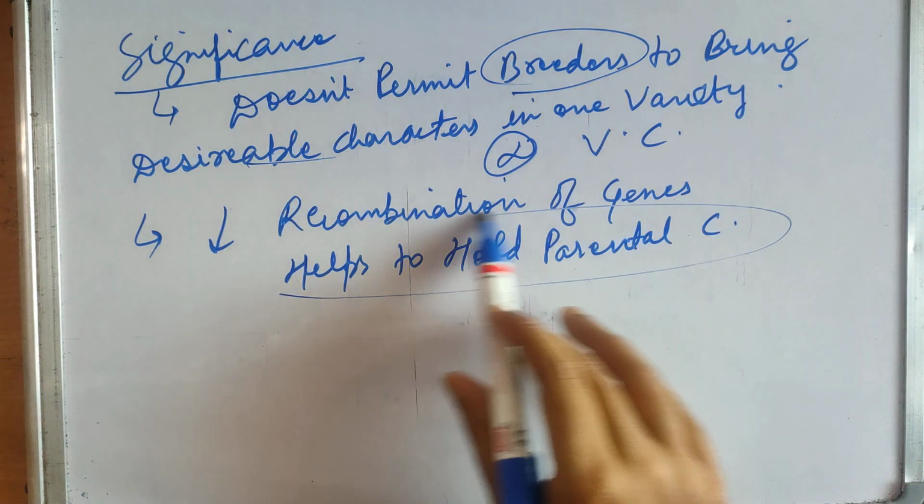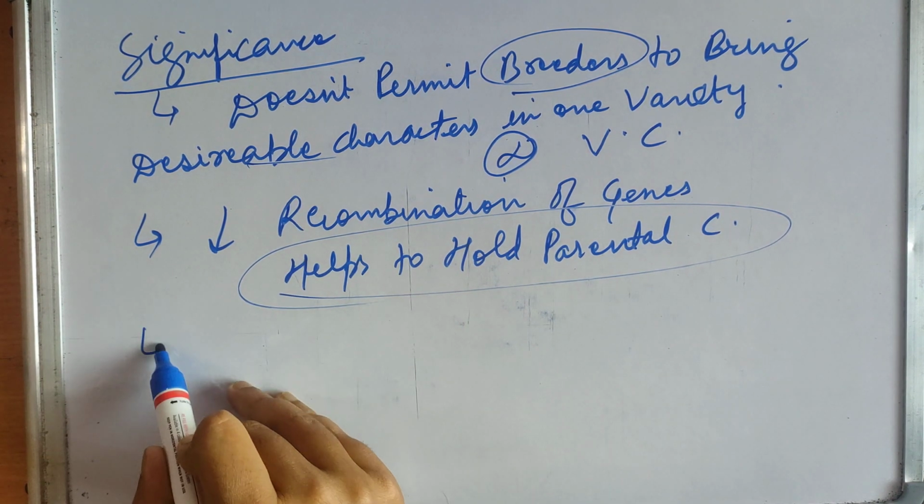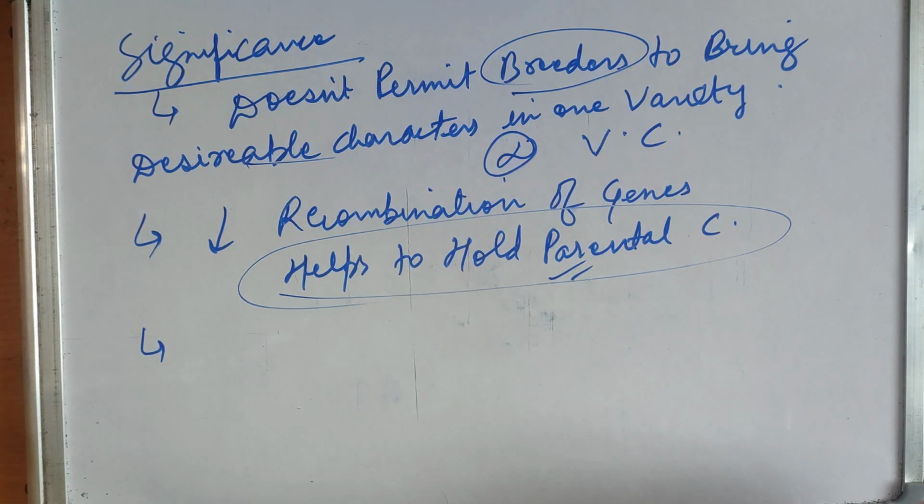Hence it helps an organism to maintain their parental, racial and other characters, as genes are located closely together. Genes remain together in original combination. They are related very closely.